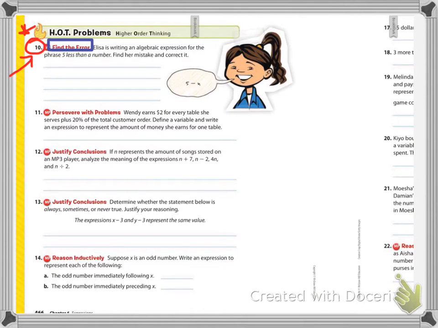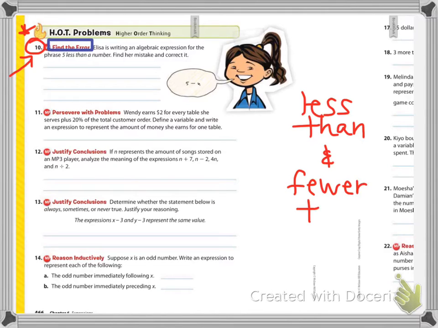Okay, we've done this problem 10 before. I want to make note of the fact that this says find the error, because this is the common error that people make. I had you write in your notes that less than and the words fewer than, you guys always remember that they mean to subtract.